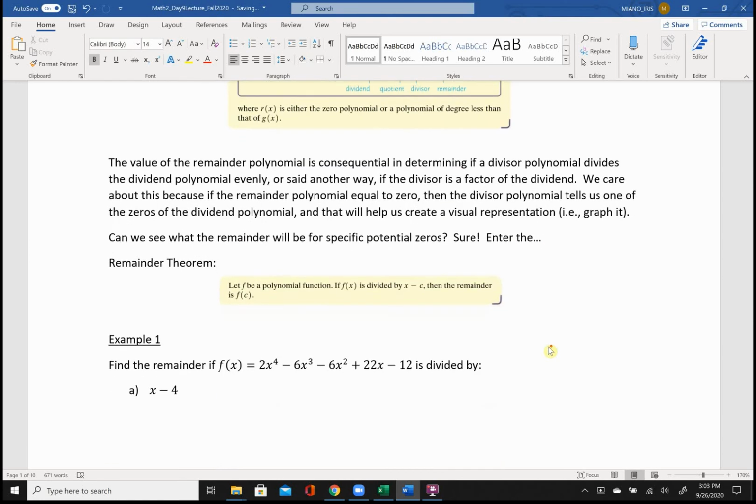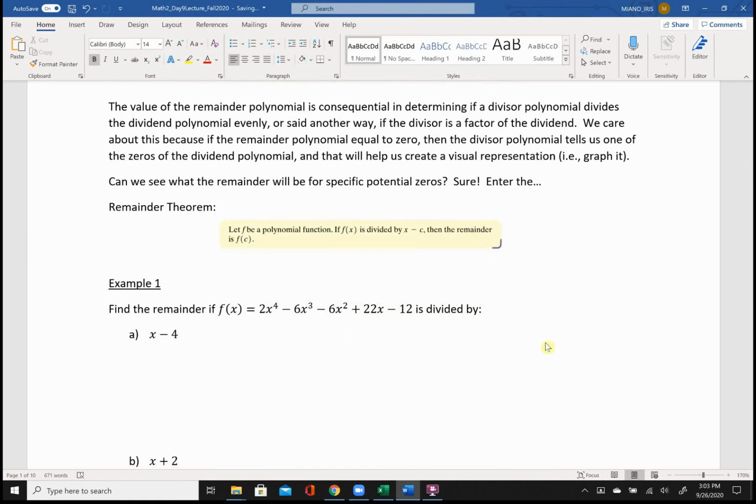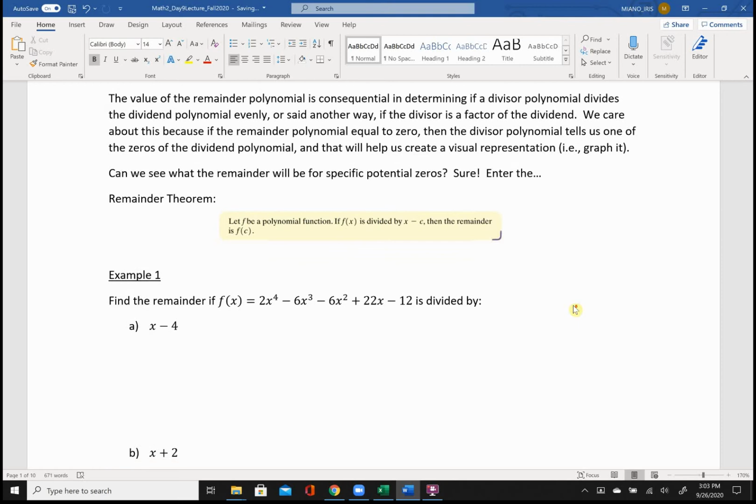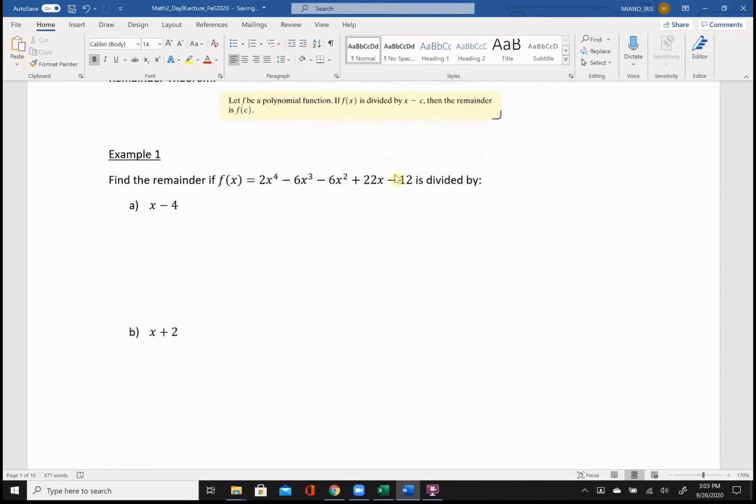What we want to be focusing on is having some semblance of when x minus c, so a very simple binomial factor, is indeed a factor of a polynomial function f of x. So we can do this by plugging in the c value of the potential binomial factor.